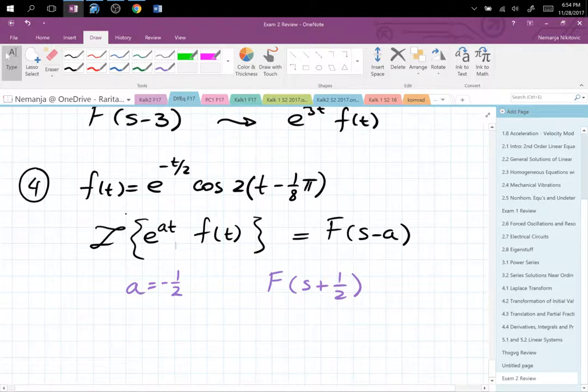You can't do the Laplace transform of a product, you have to involve convolution. So what should we do with the t minus 1/8 pi? Burn it. Just get rid of it. Erase it. Pretend it's not there. Actually, would it count as a constant?